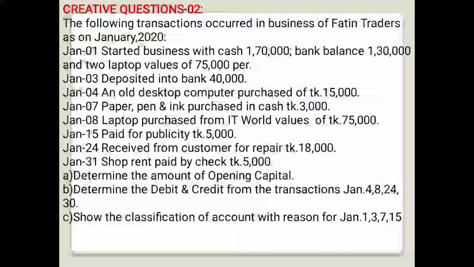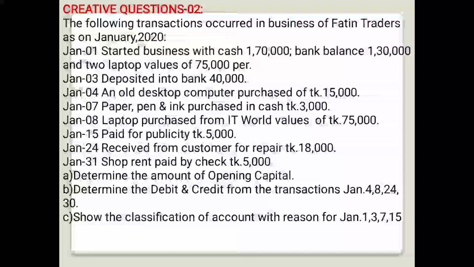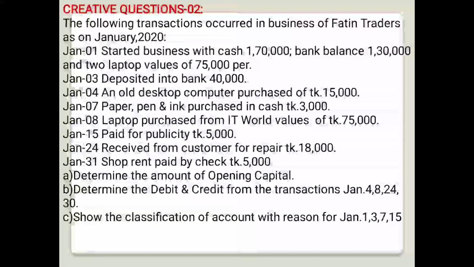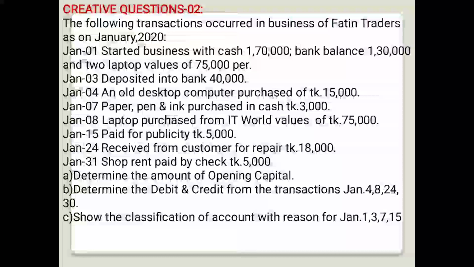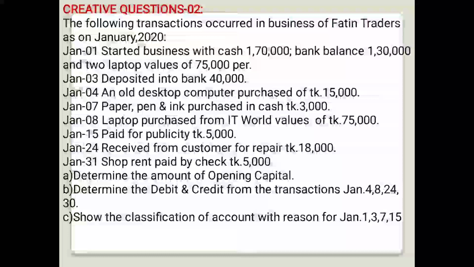January 24, receipt from customer for repair. You are seeing this business is a service related firm, that is a repair service firm.